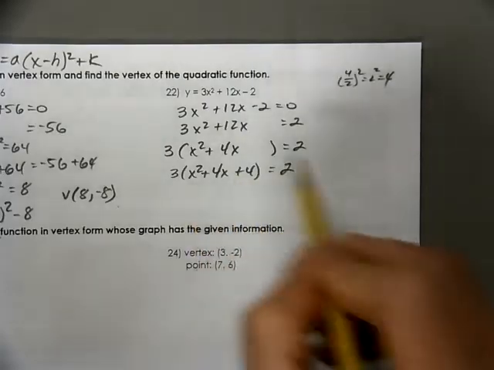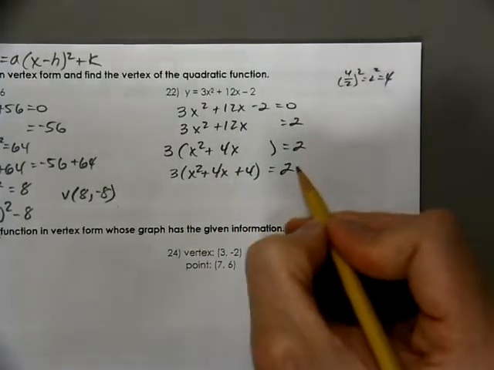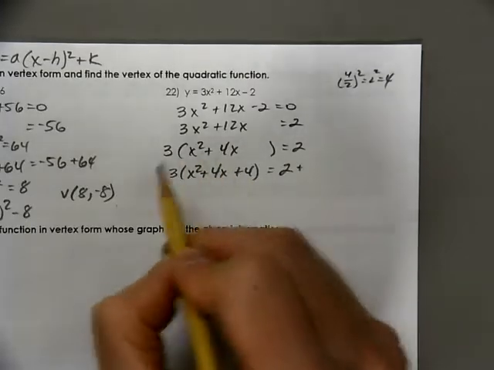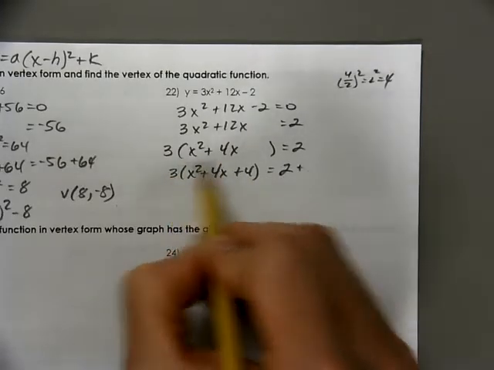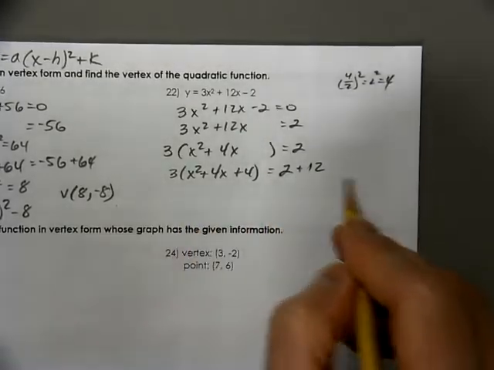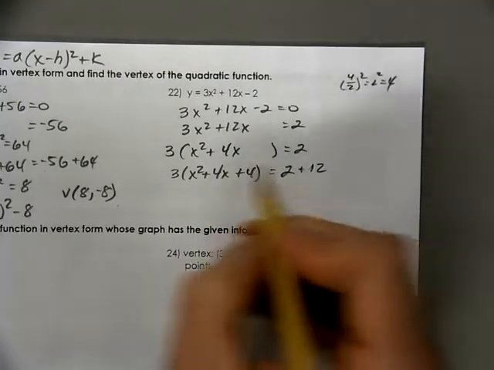So we add 4 inside the parentheses. We often add 4 to the other side, but notice that inside the parentheses, when we factored out the 3, that's actually going to be a 12. You've got to put the right multiple on the other side.